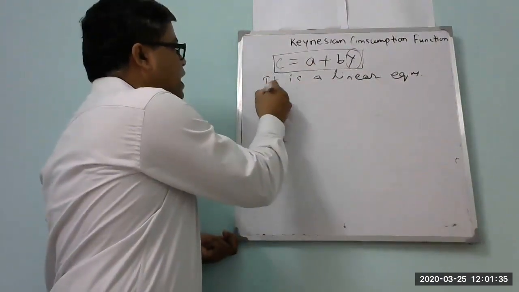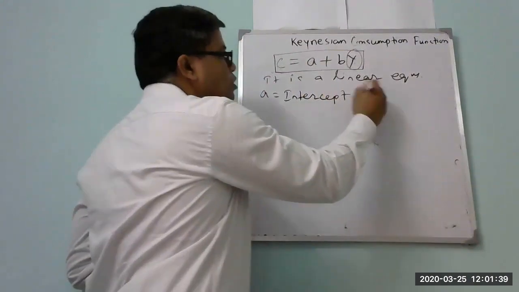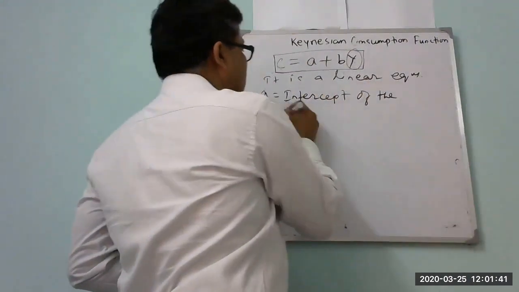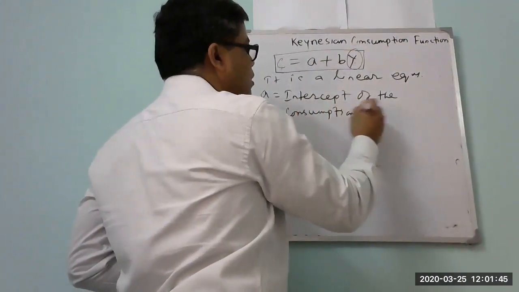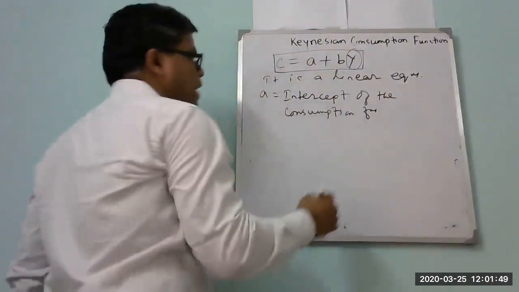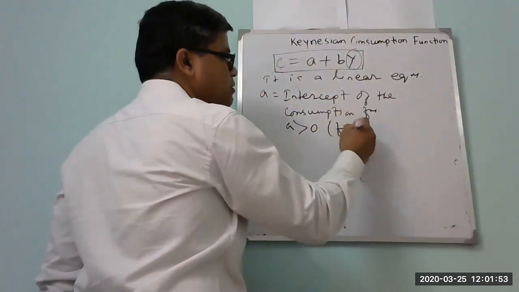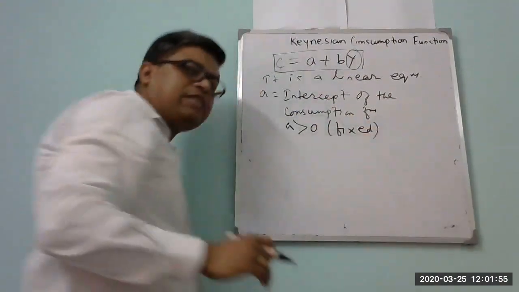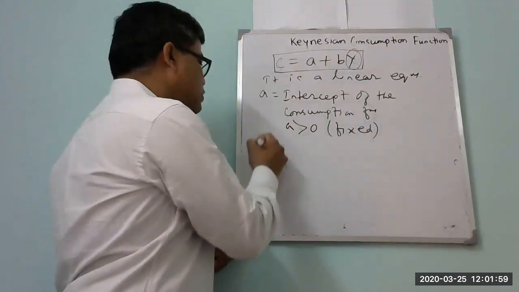So intercept A is the intercept of the consumption function, and A is greater than 0 and fixed. That means there is a positive intercept of this line, and this B is the slope.